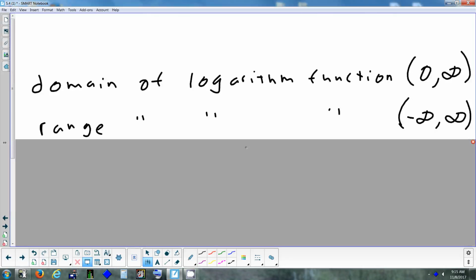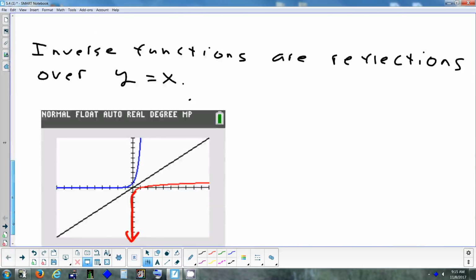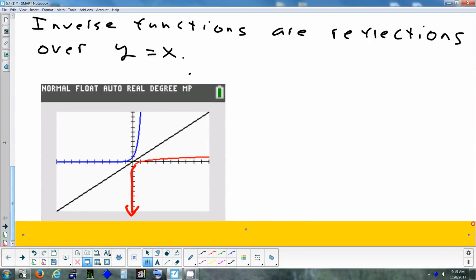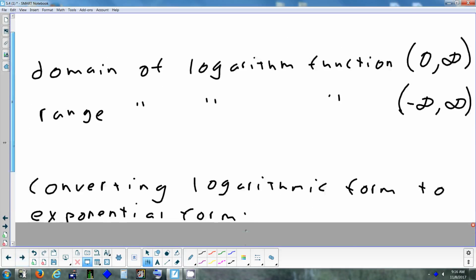Your range is negative infinity to infinity. Any question on why that's the domain and range, looking at the graph in red? And again, we're assuming we want real answers. If you want imaginary, then you can take log of negative, but that's not what we're going to focus on.